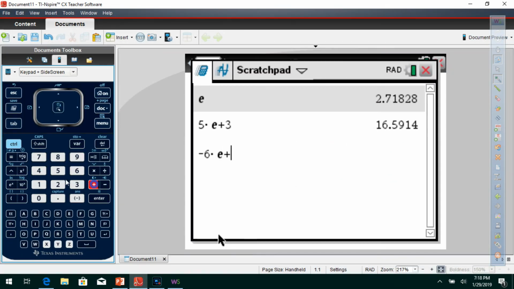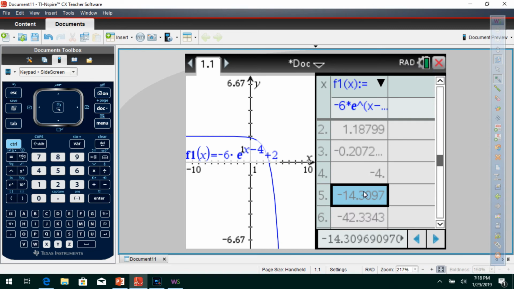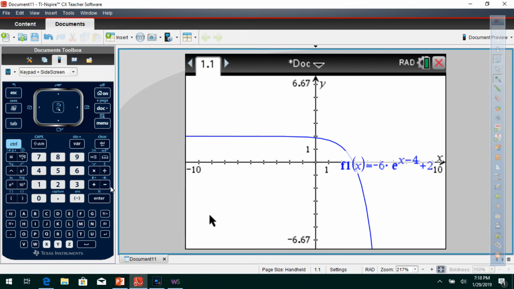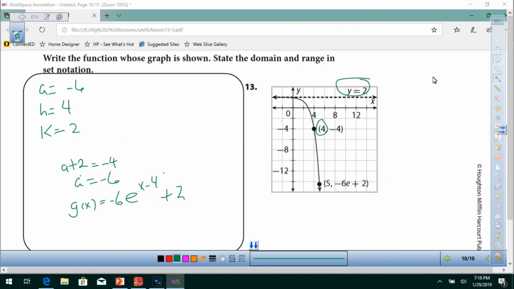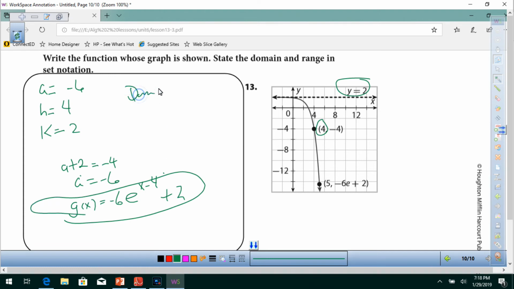I should get negative 14.3 and negative 14.3. Excellent. I like it when it works. So there you go. What's the domain and range? Domain is X such that X is all real numbers. What is the range? I'll let you fill that out. Y such that Y is, what is it? All right, good.